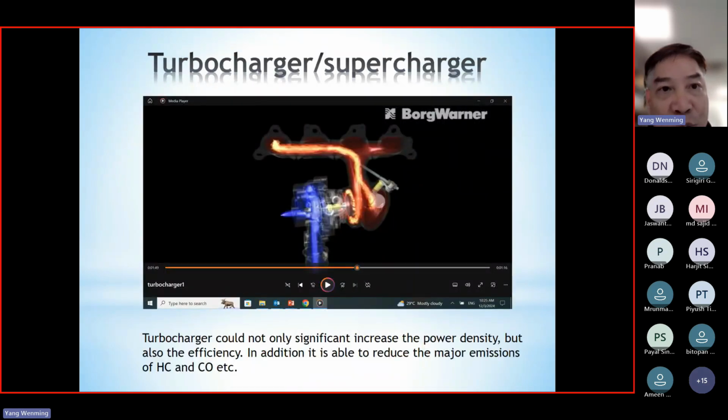Okay, so the last one I want to introduce is the turbocharger or supercharger. This one is very useful for the engine to achieve higher power density and also increase overall efficiency. Let me show you another video.